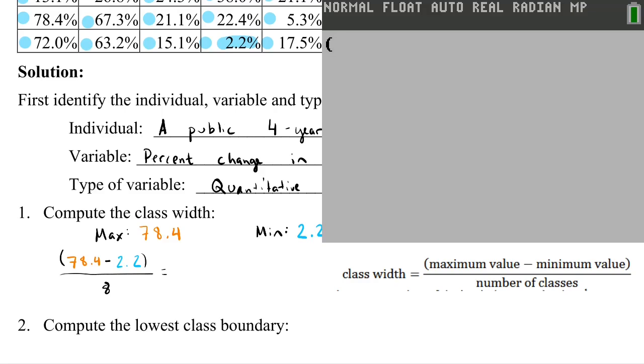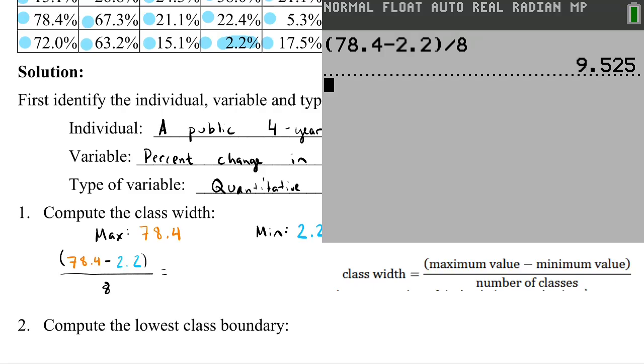So we'll take 78.4 minus 2.2, all divided by 8. We get 9.525.